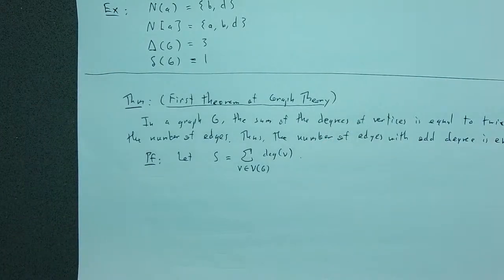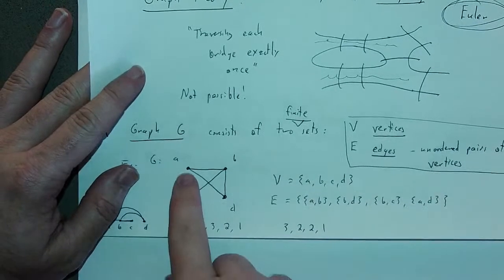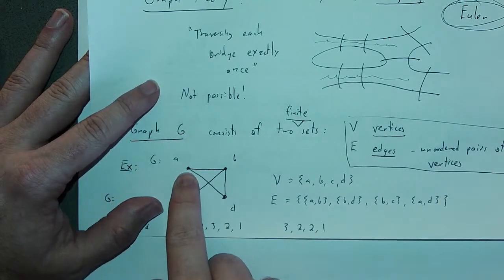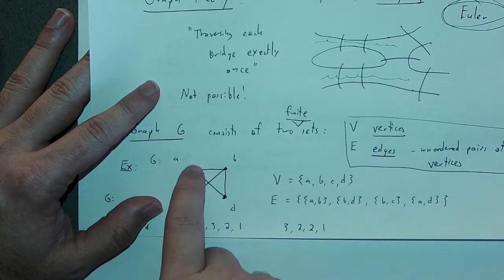Now, I don't have to draw you a picture of a graph, but maybe I'll just put one in front of you. Let's just use the same one. As I go from vertex to vertex, when I'm looking at the degree of A, that's 2.